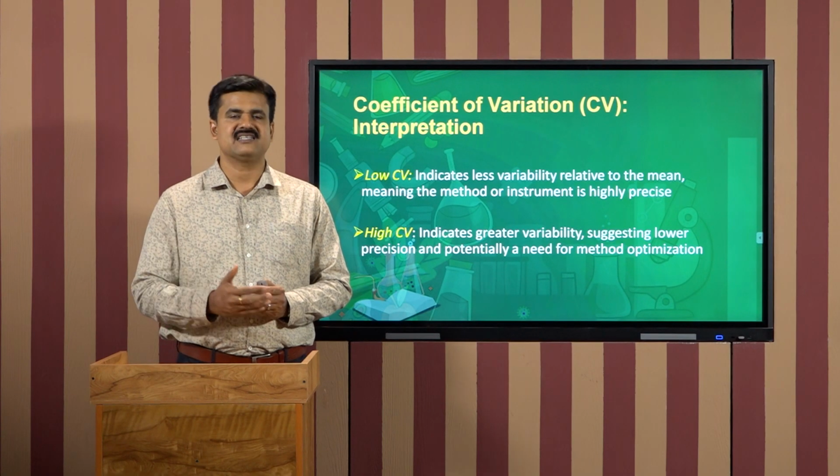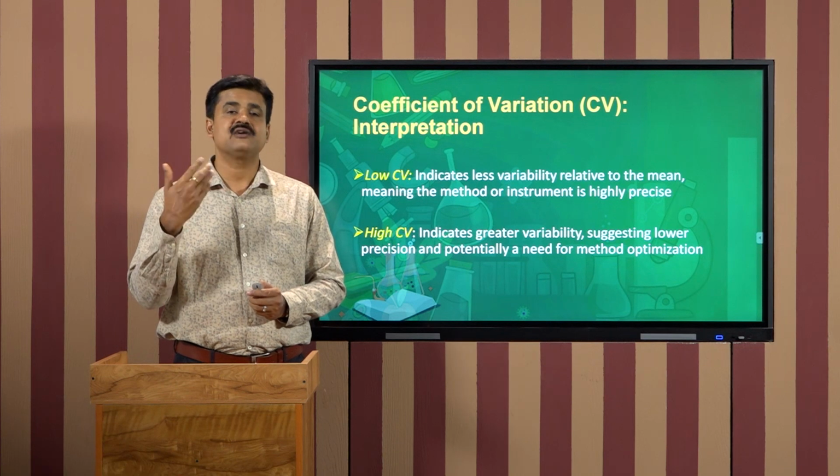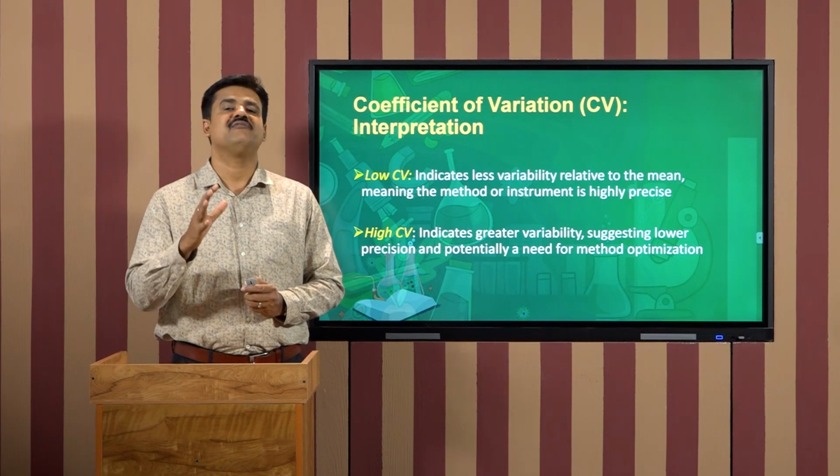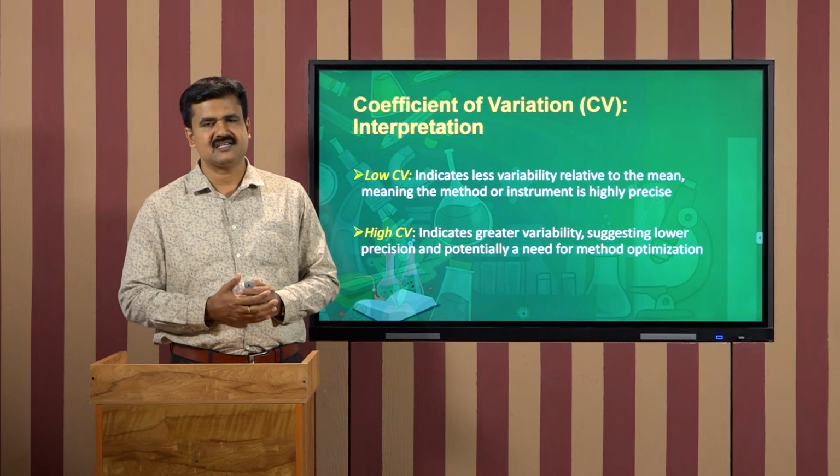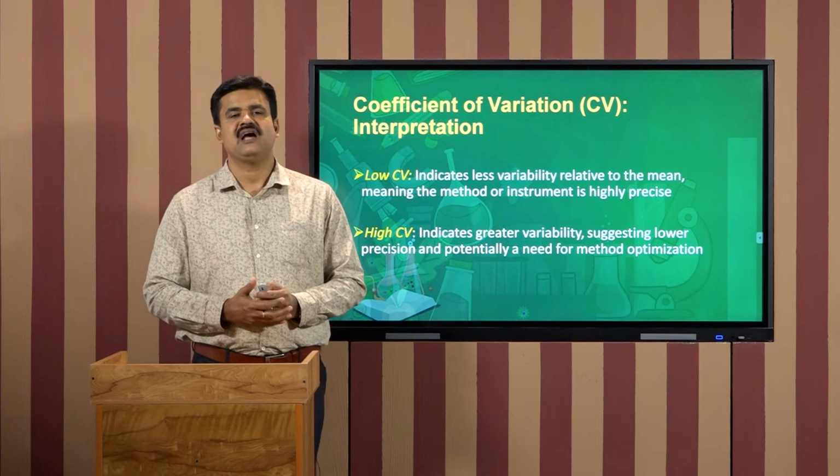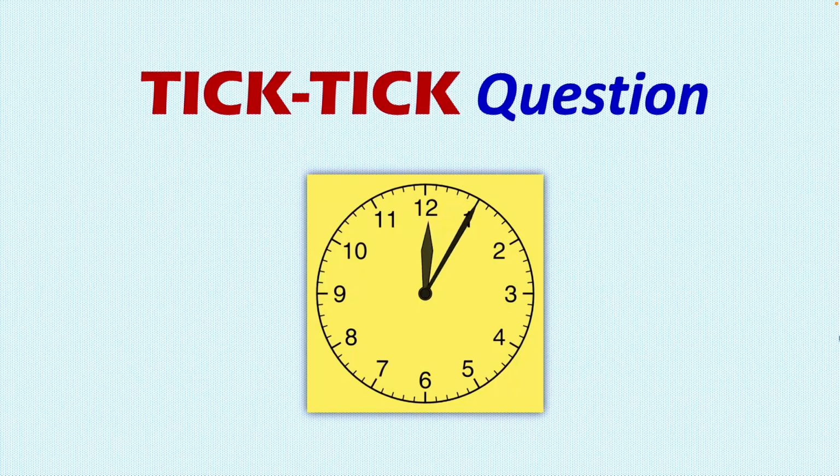That is, whenever you get a high coefficient of variation value, you have to optimize the adopted procedure, otherwise the result will not be accurate as well as precise.